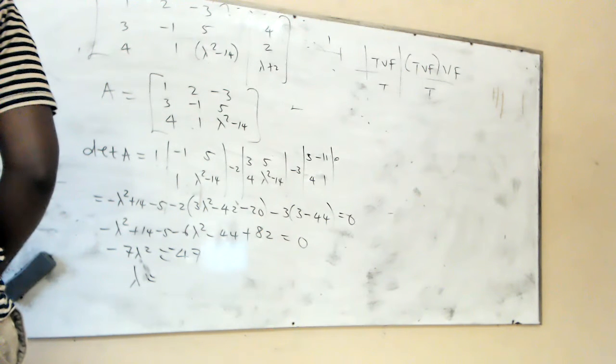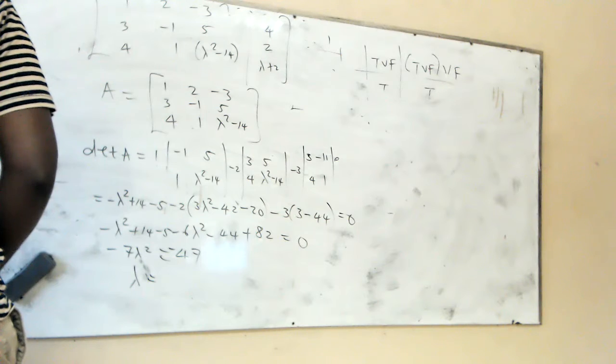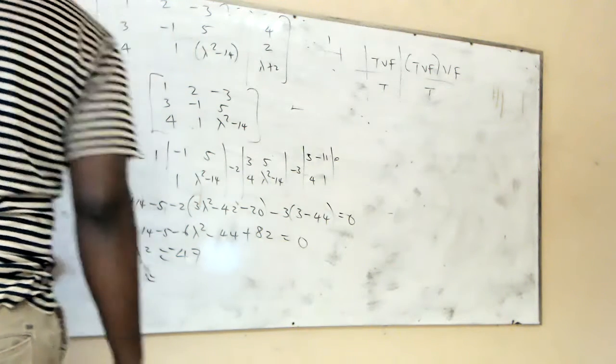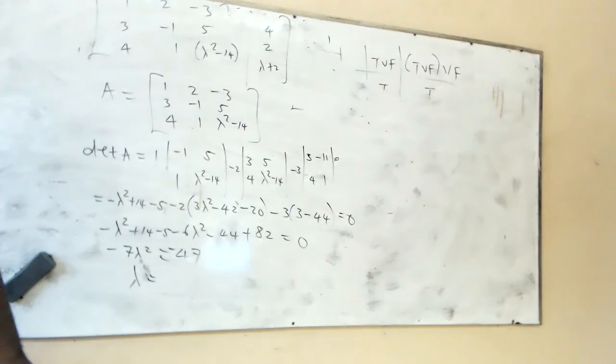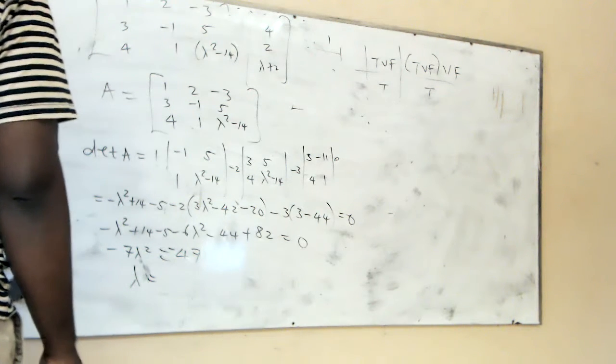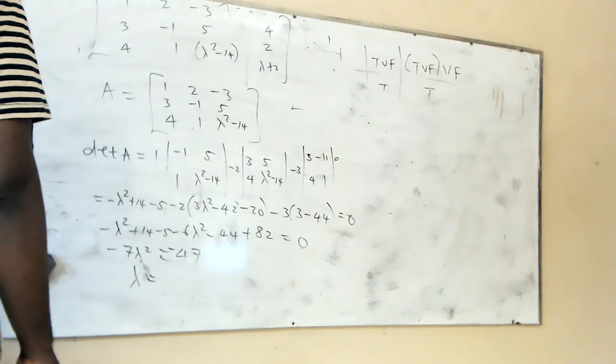But this is just a matter of simplifying, so that I'm not leaving a calculator with me just now. From here, it's just a matter of simplifying. The option I chose for question number 1 was lambda equal to 4, which simply tells us that lambda in that case must be 4.